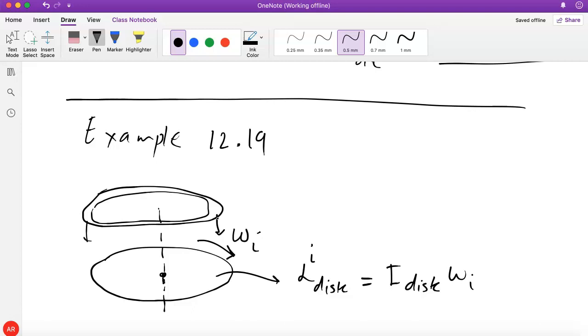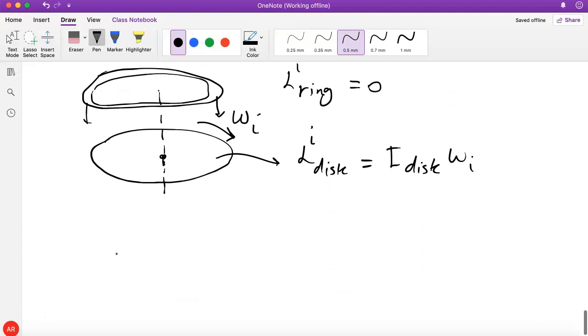All the velocities of different pieces of this ring are parallel to the axis. So there is no rotation around that axis, right? Therefore, the angular momentum in the direction of the axis in this vertical rotation is 0. So let's call it L ring is 0.